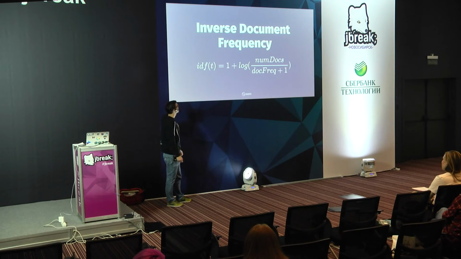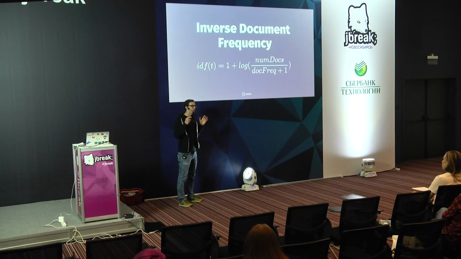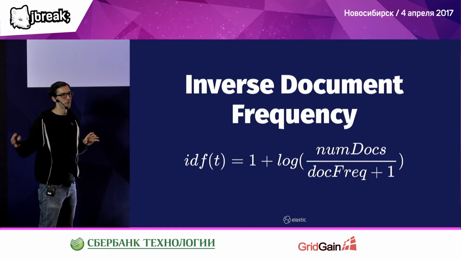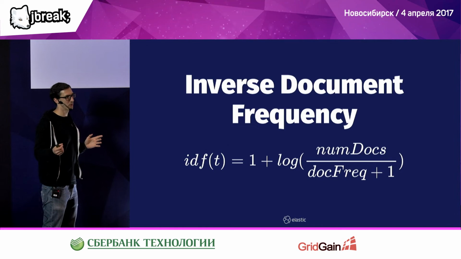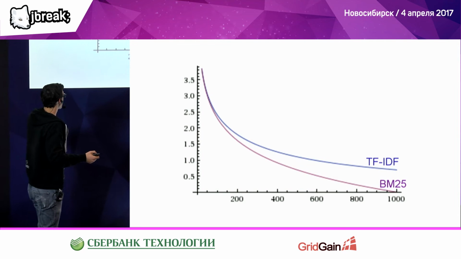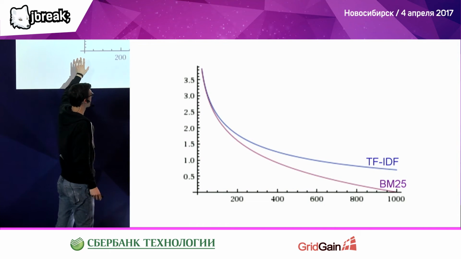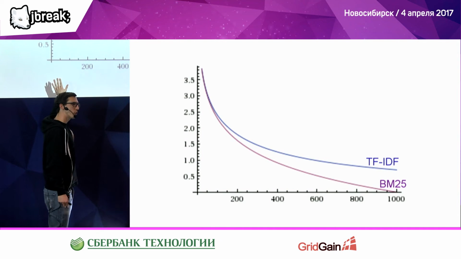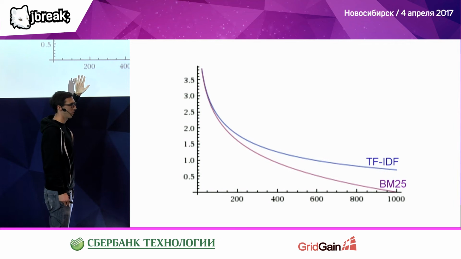Then we have the inverse document frequency. The inverse document frequency basically assumes if you have terms that appear very frequently, they are not that important. However, if you have terms that are very rare over all your documents, that is very important. So what that looks like is this is the number of occurrences of your term over all the documents you have in that index, or actually in that field.